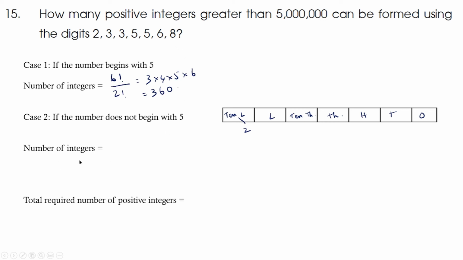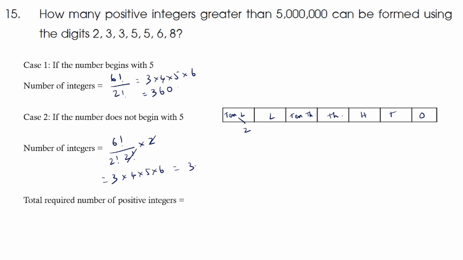The remaining 6 digits can be arranged in 6 factorial upon, here 3 is repeated and 5 is repeated, so 6 factorial upon 2 factorial into 2 factorial. And this place can be filled in 2 ways, so this is into 2. If we simplify, we get 3 into 4 into 5 into 6.